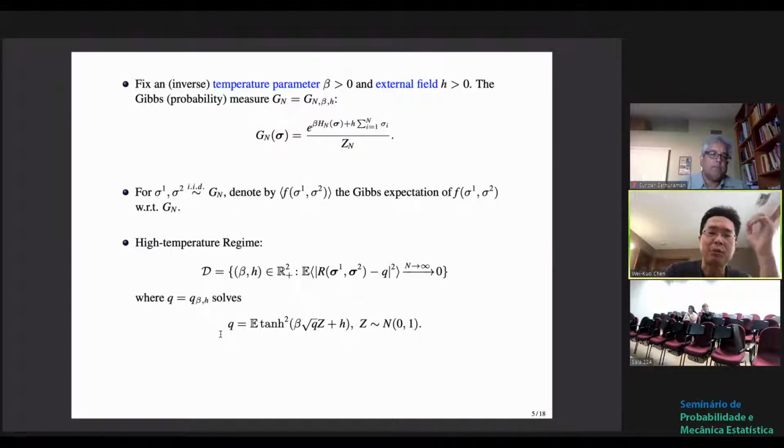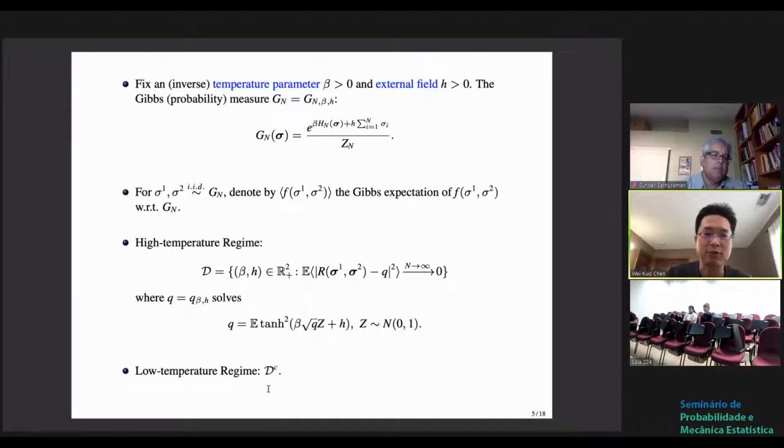It has to be determined by a consistency equation, like here. You don't need to remember this equation, it is not that important, but keep in mind that the high temperature region simply means that the overlap is concentrated. In contrast, the low temperature region is just the complement of D.